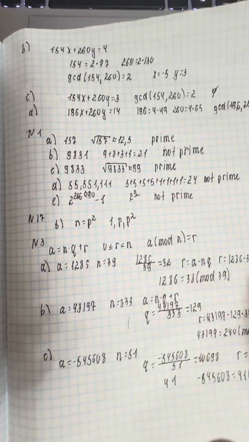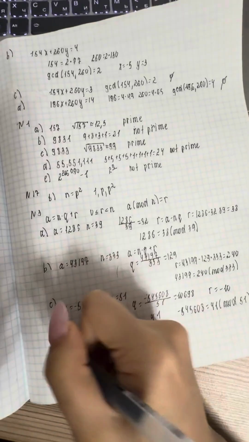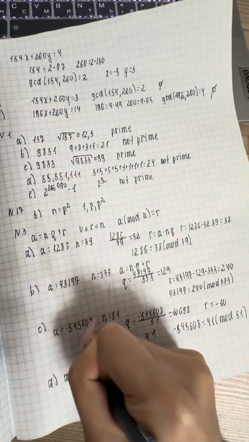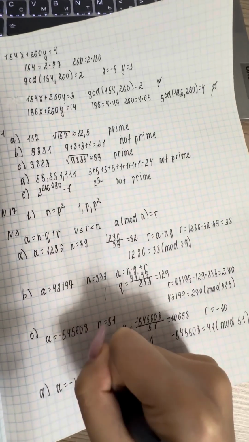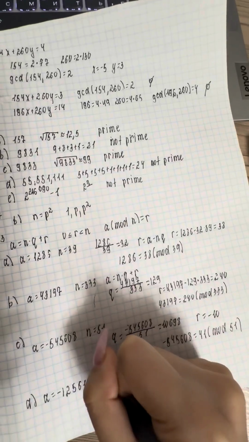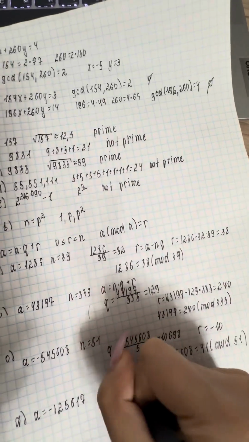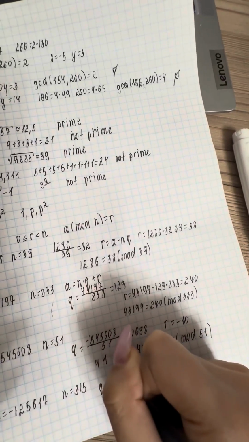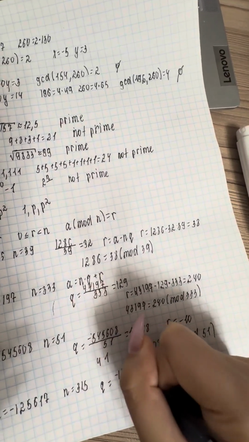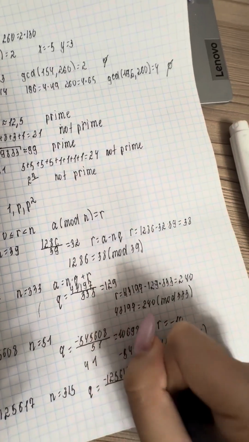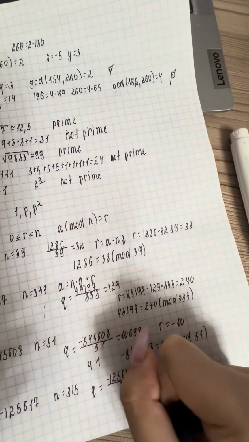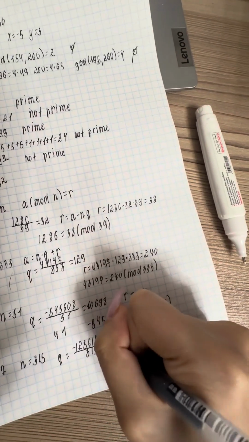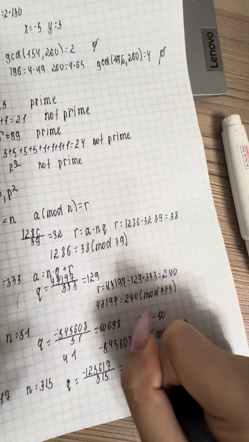Part D. In part D, we have A and N equal to 125,617 and N equal to 315. And we find the Q by dividing A by N, and Q is equal to 398.